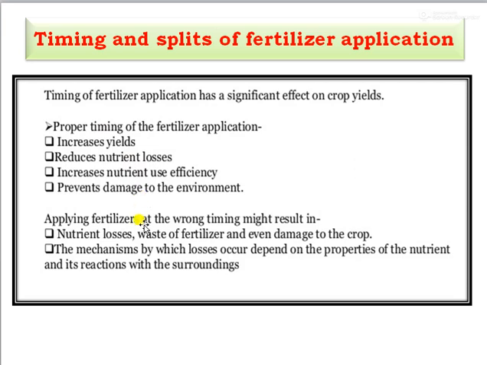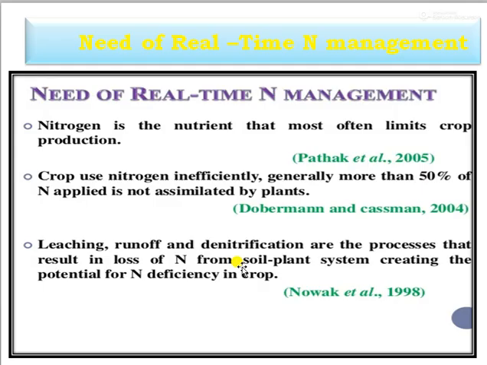Applying fertilizer at the wrong time might result in nutrient losses, waste of fertilizer, and even damage to the crop. The mechanisms by which losses occur depend on the properties of the nutrients and their reaction with the surroundings.